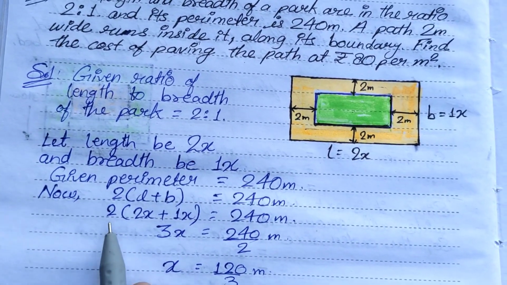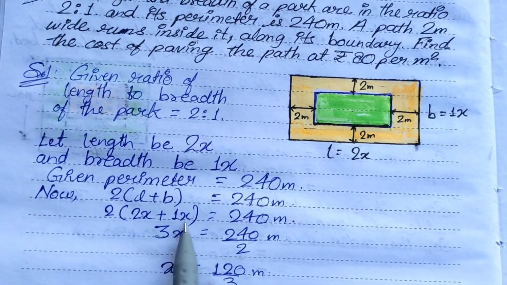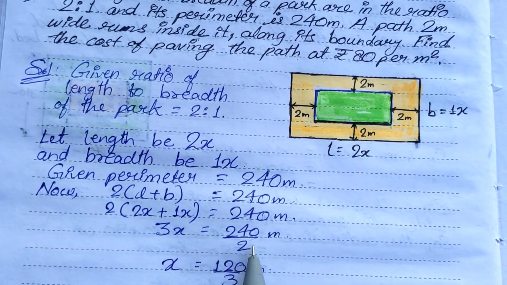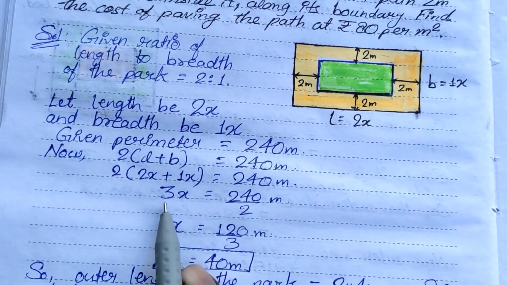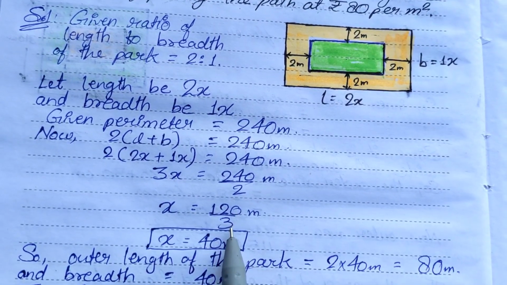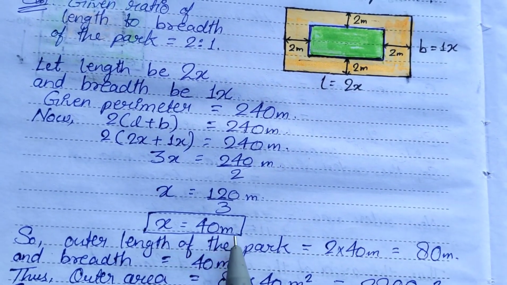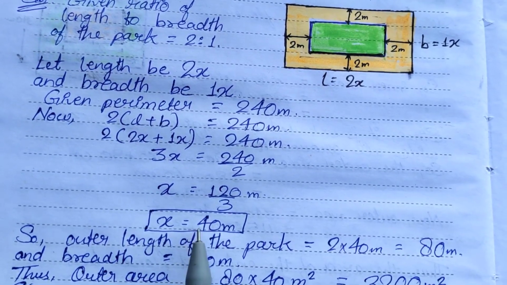Transfer this 2 to the right side, it will become divide. Here we have 2 plus 1, 3x equal to 240 divided by 2. Now transfer this 3 to the right side, it will become divide. So x equal to 120 upon 3. Now x equal to 40.